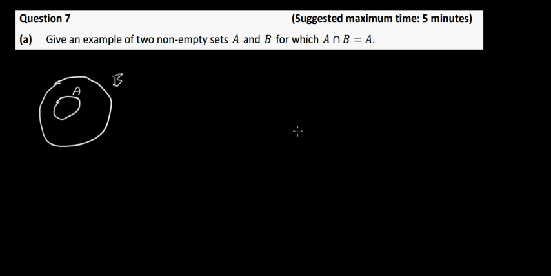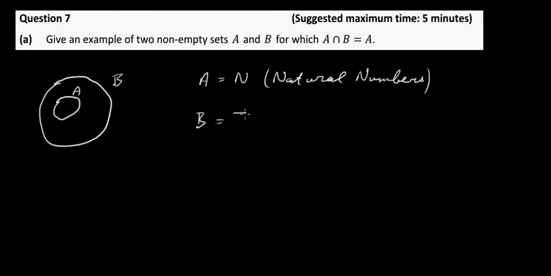So what examples can we give? Well, we could say that A is the set of all natural numbers, and you could say B then could be the set of all integers.